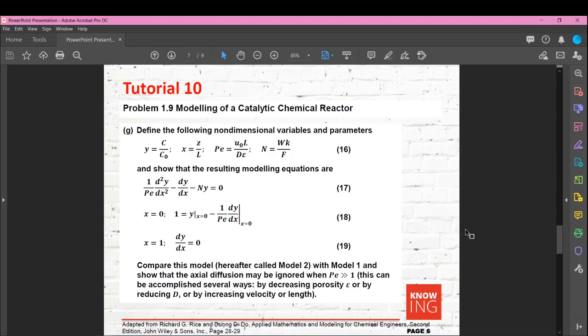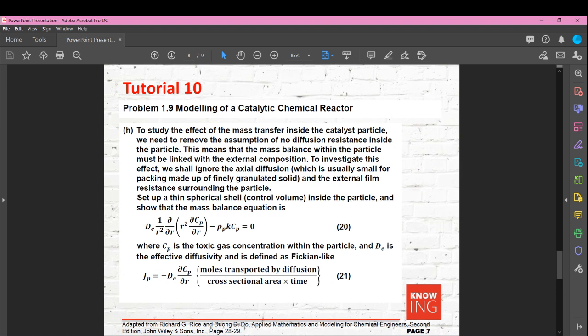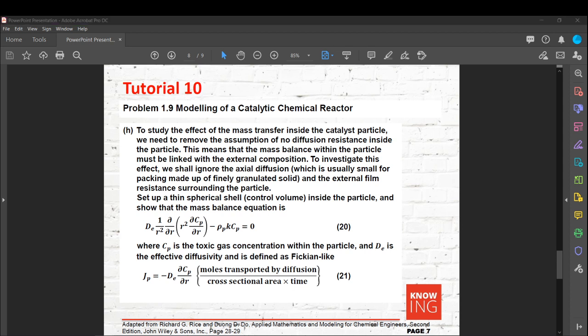Right, now for part H. To study the effect of the mass transfer inside the catalyst particle, we need to remove the assumption of no diffusion resistance inside the particle. This means that the mass balance within the particle must be linked with the external composition.